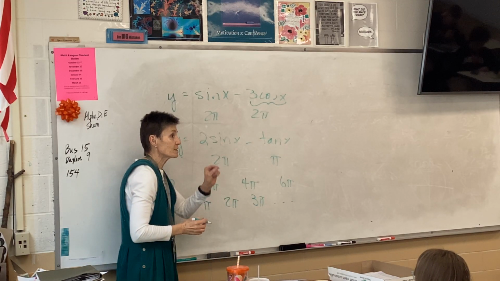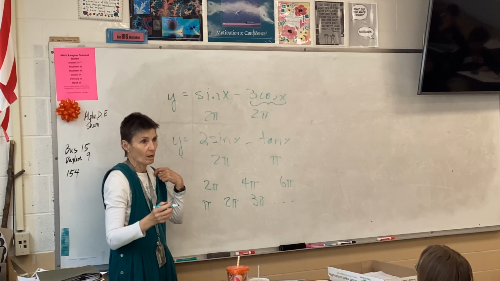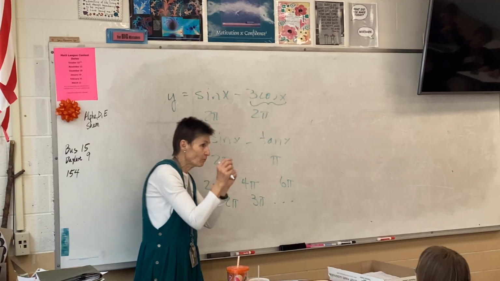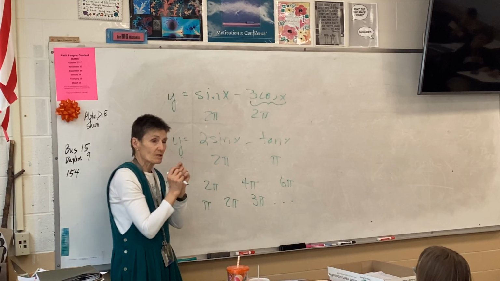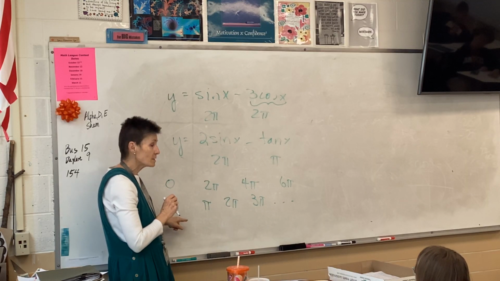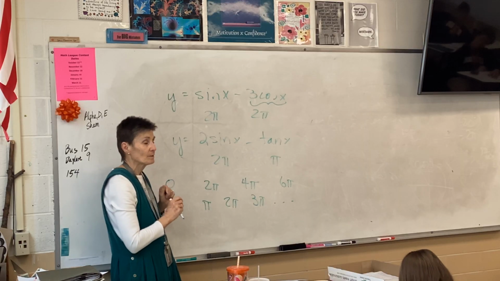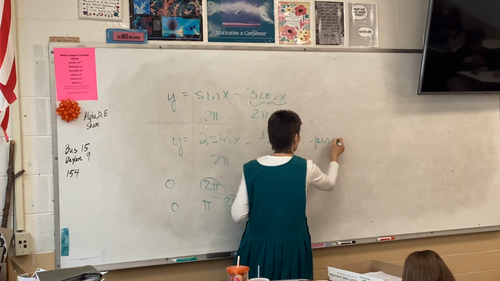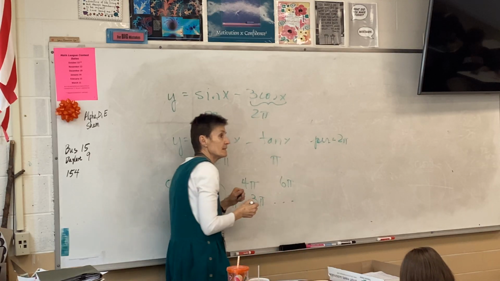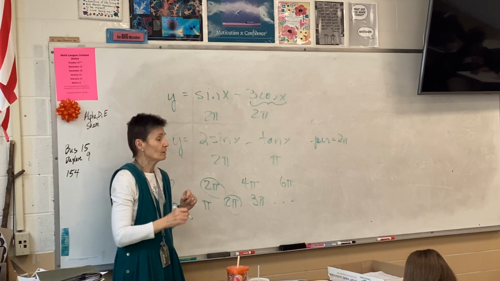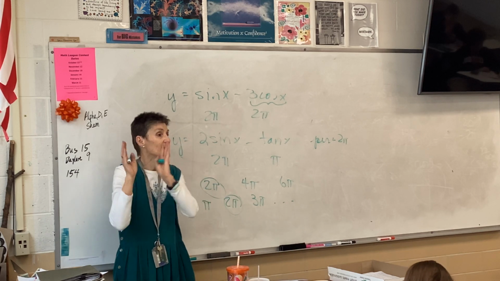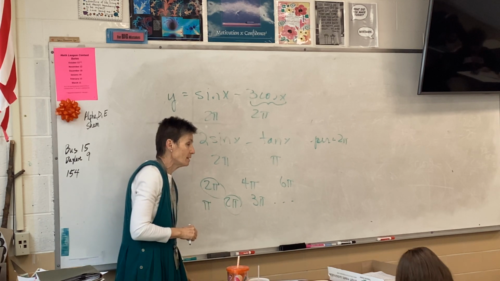The first time after 0 that they repeat, the first time they overlap, is their period. So what is the first number that both rows have? So the period of this is 2 pi. It is not sinusoidal. It won't look like a sine curve when you graph it, but it will repeat every 2 pi units.